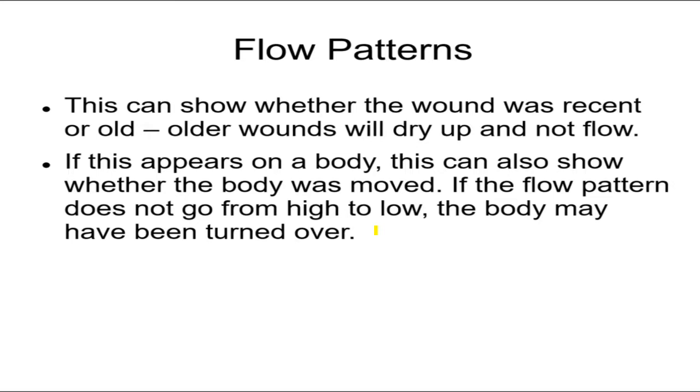Well, if he'd been lying in bed and he'd been stabbed, let's say, in the chest, the blood would flow downward from the chest to the bed and wouldn't get to his legs. So the very fact that the blood flowed to his legs shows he was standing up, and maybe there was a fight. And it wasn't that he was just attacked in bed or he died in bed in that way. So the flow pattern can tell more about what happened during the crime.